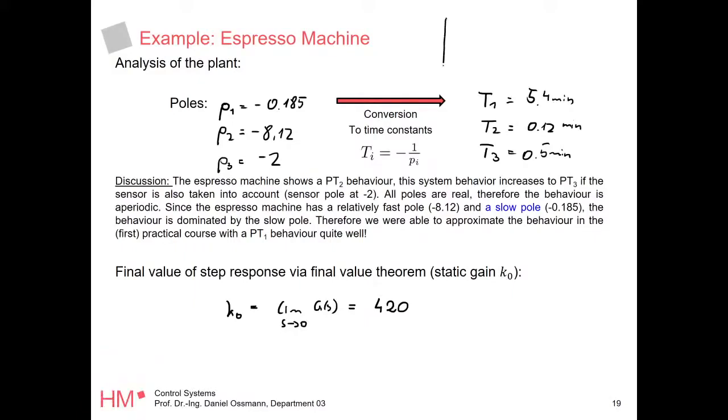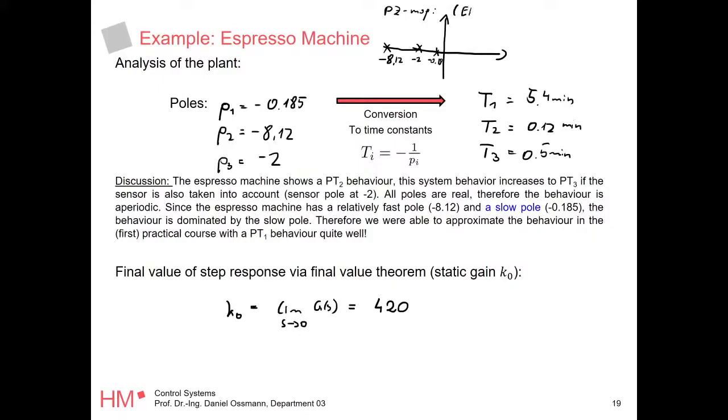So if you draw the pole zero map of just the espresso machine, we have a pole at minus 0.185, and the other one is probably at minus 8.12. So this is the pole zero map of the espresso machine.